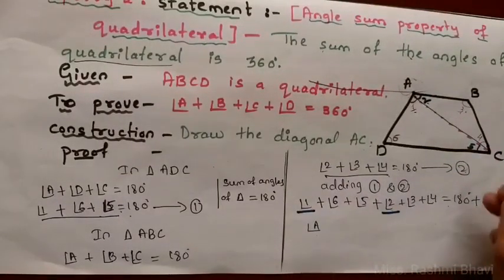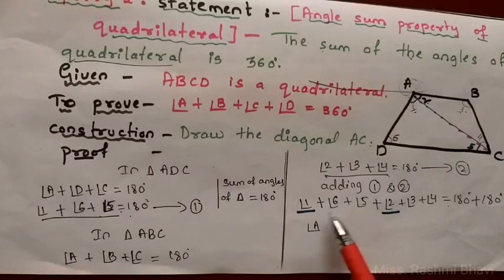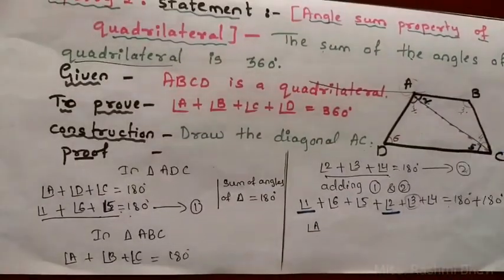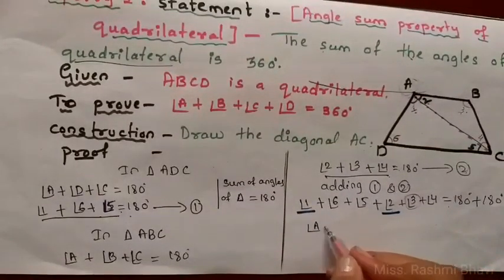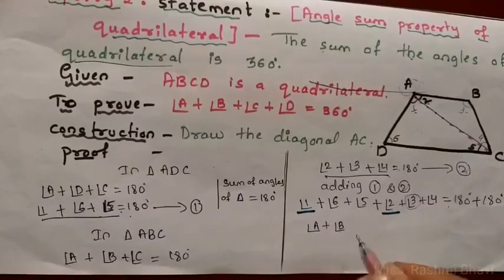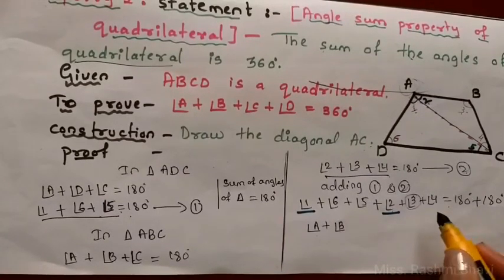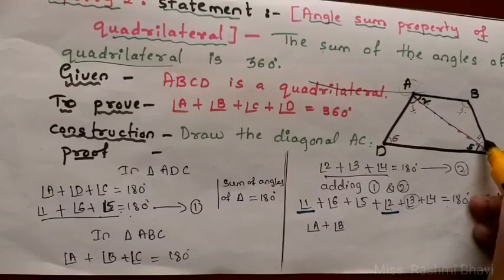Next, angle B is what here? Angle 3. Here 3 is there, this part. So B is there, no? Plus angle B. Next, angle C. Here angle C is 4 plus 5.